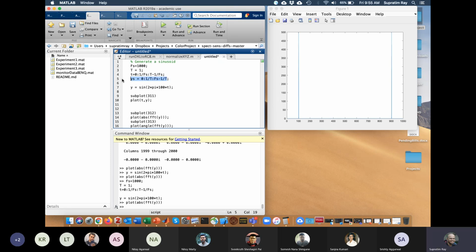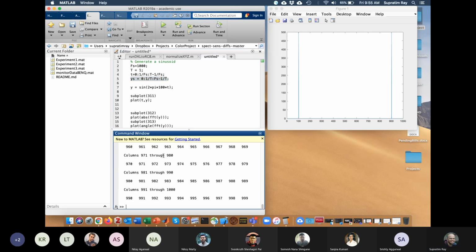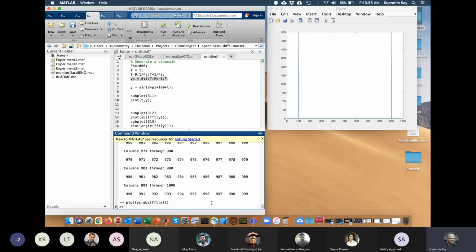Okay, so this vector now will become 0 to 999. You see there are 1000 points, but the last one is 999. And this is the proper scaling, which will put this sinusoid at 100 hertz. You see that it's nicely sitting at 100, and this is the mirror image sitting at 900.